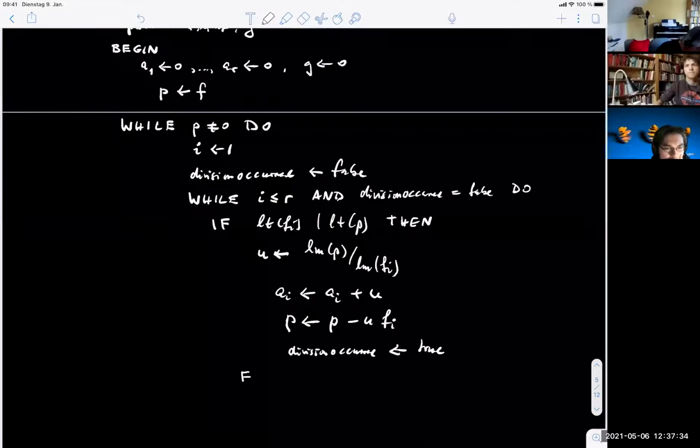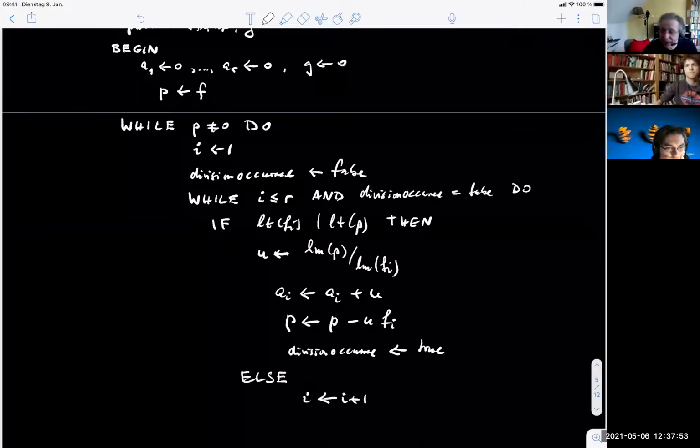Then there is an else. If I'm here, I couldn't find an i to do that, so I was not successful with Fi. Then I just increase my counter by 1.